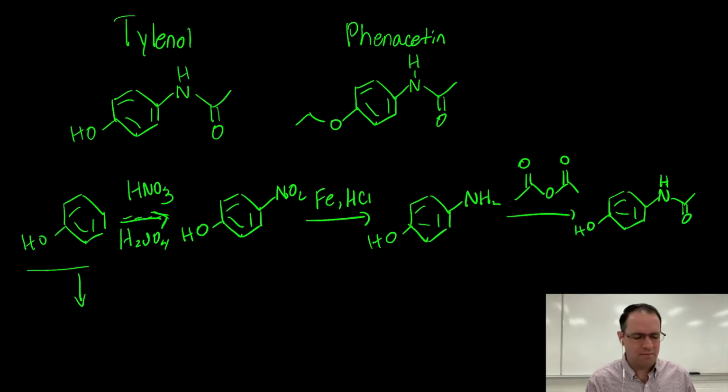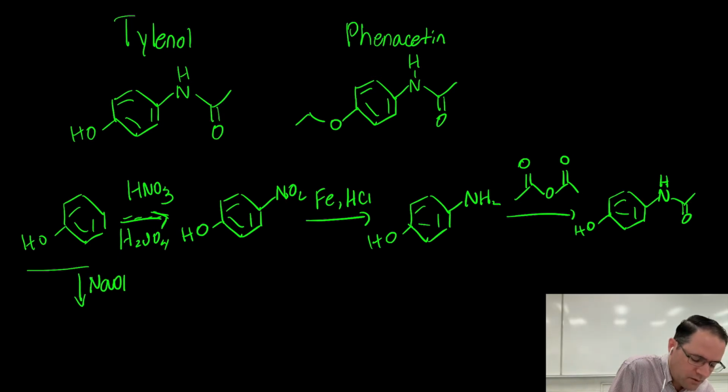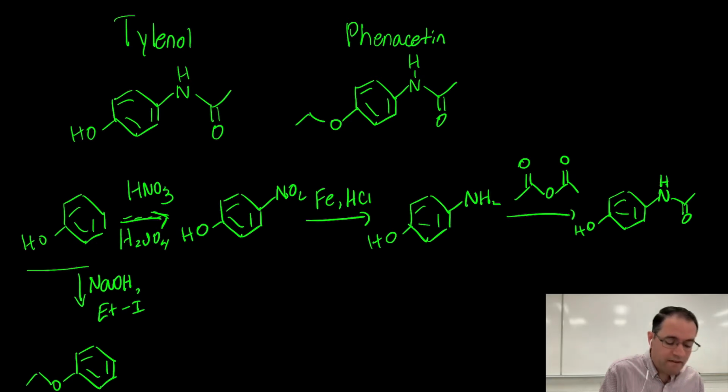So I'll just put sodium hydroxide here on the screen. NaOH is a base. That's going to make the phenoxide, which is a good nucleophile, and that will attack ethyl iodide, for example, okay? Iodine is the best leaving group, and that would give us ethoxybenzene.